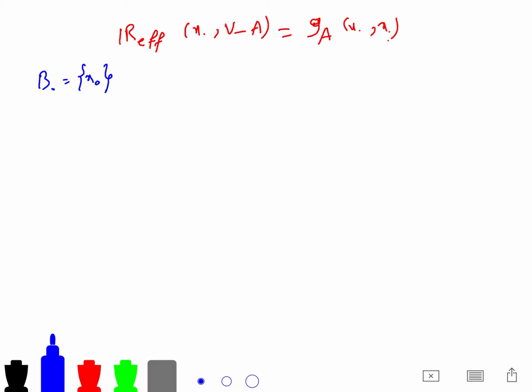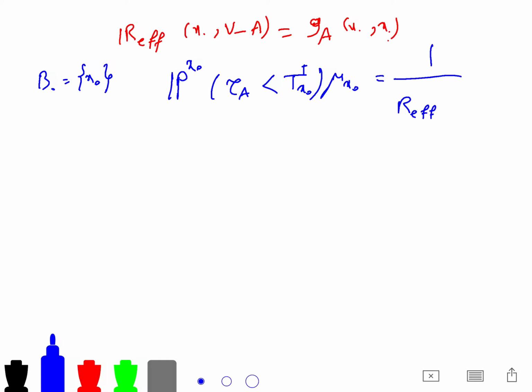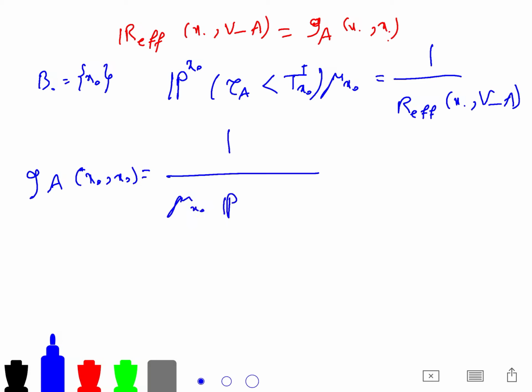And we deduce that the probability that, if we start from x0, time tau_A is less than the time to return to that point, times mu(x0), is just the inverse of the effective resistance between x0 and V minus A. So we compare it with what we know, that P_x0(tau_A is less than or equal to the return time to x0), and so we prove this. The proof was very simple.